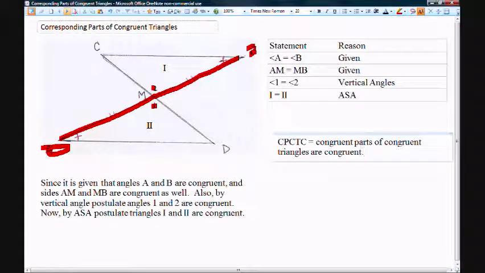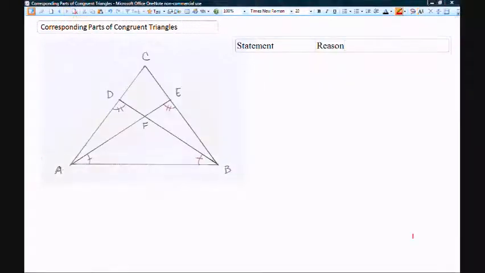Now, let's move on to example B. Example B is a little bit confusing because of the picture. The picture is a little bit tricky because you can look at it in two ways. You can see a big triangle ABC, and within that big triangle you can have three triangles: triangle ADF, BEF, and triangle AFB.